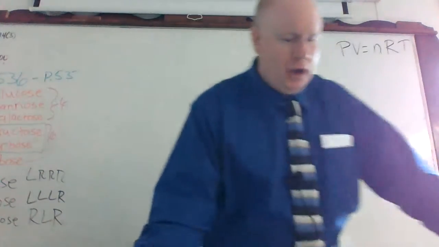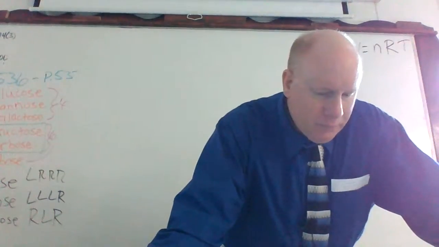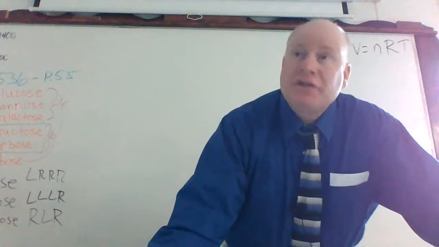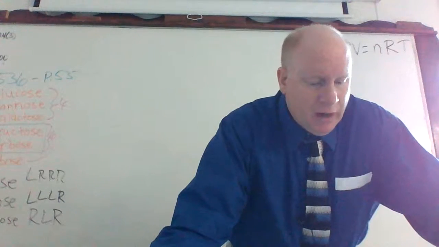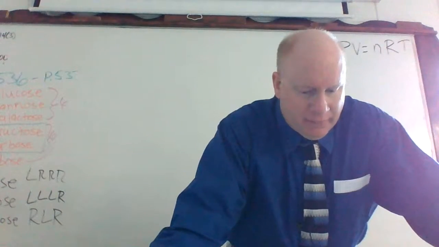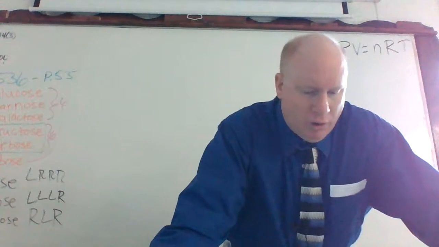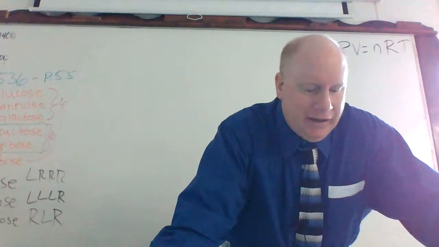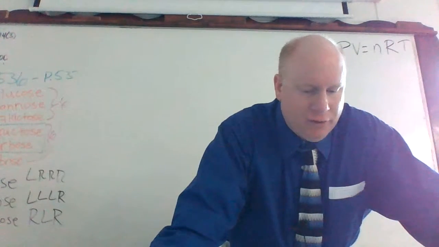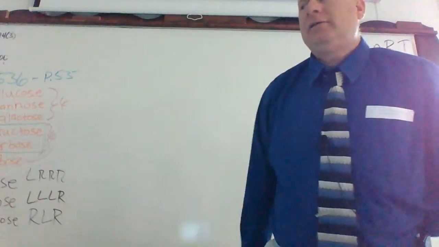Okay, so on page 385, there's a sample problem. You can read on your own, but practice problem number 1 says, what pressure in atmospheres is exerted by 0.325 moles of hydrogen gas in a 4.08 liter container at 35 degrees centigrade? Now, let me ask you this.